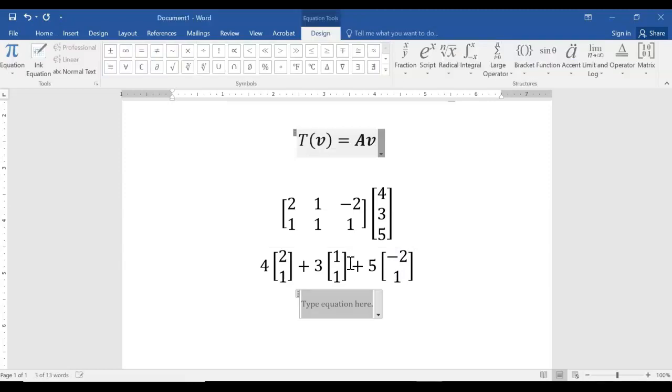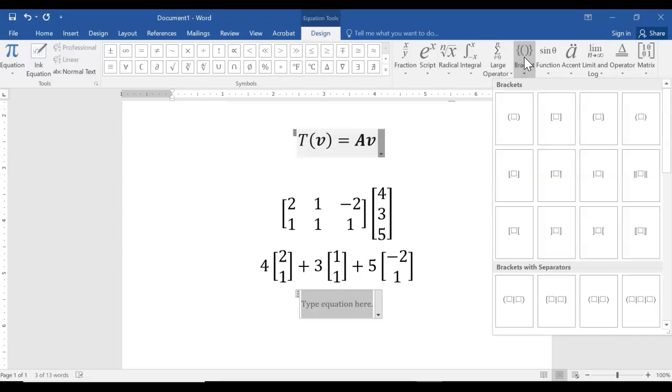4 times 2 plus 3 times 1 plus 5 times negative 2 gives me 1 as the first entry.